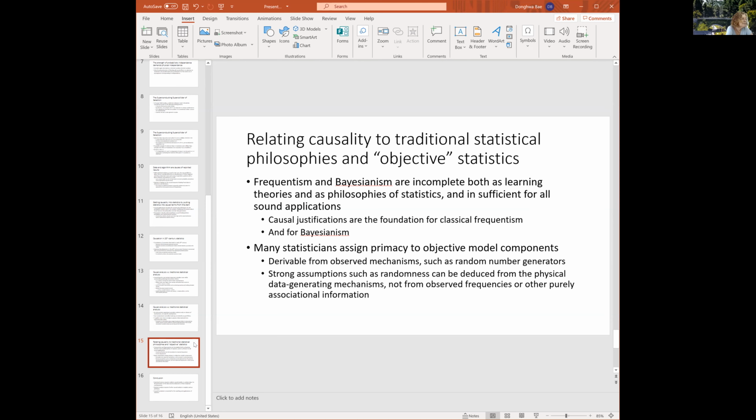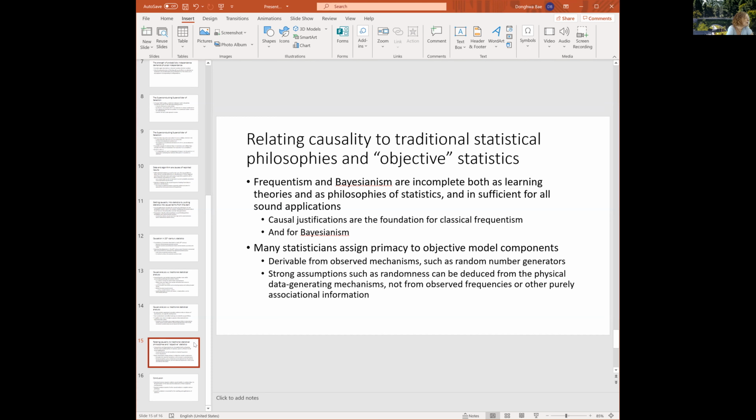I think that's related to the comment that Bruce said earlier. Yes. He claims here that causal theories can explain both the frequentist approach, which comes from physical words and counting, and also Bayesianism.